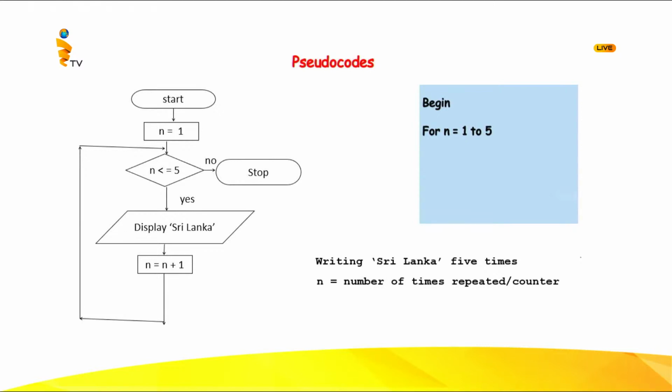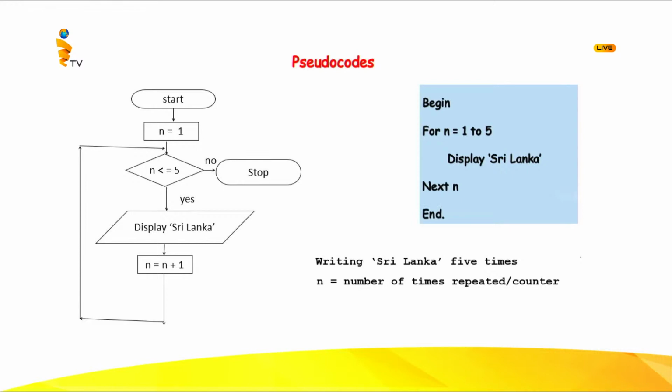Then do what? For n equals 1 to 5, display Sri Lanka. Then I have indicated n equals n plus 1 by next n, because every time you display Sri Lanka, you have to increment n by 1. So this is the end of it.